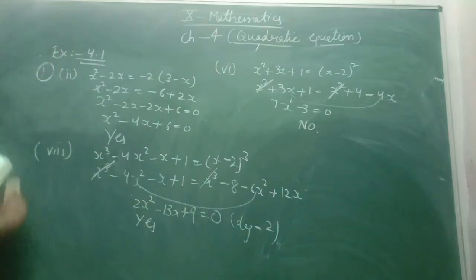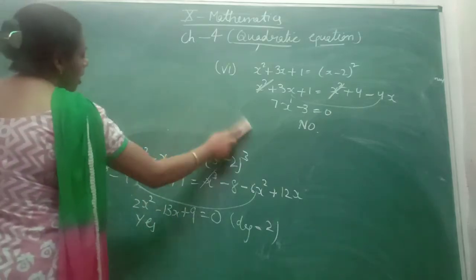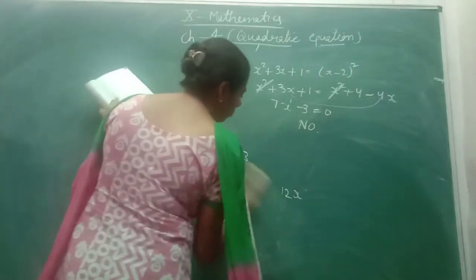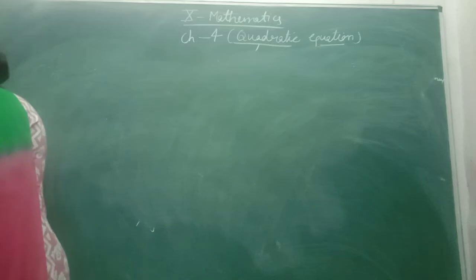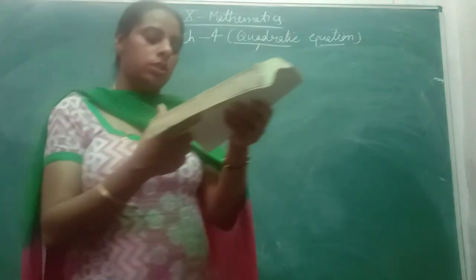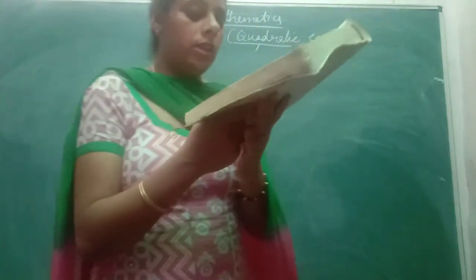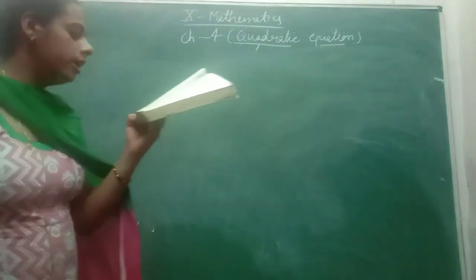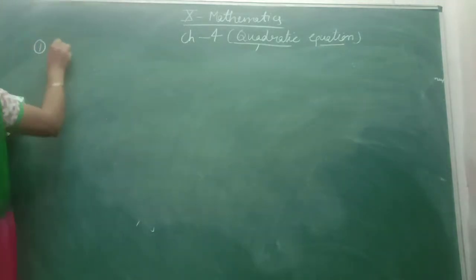Now come to question number 2, where you have to represent the following situation in the form of a quadratic equation. The first is the area of a rectangular plot.